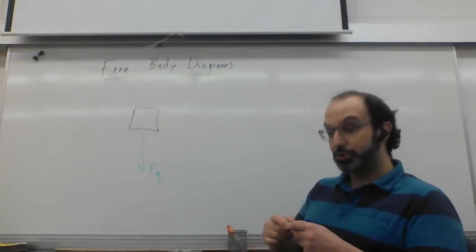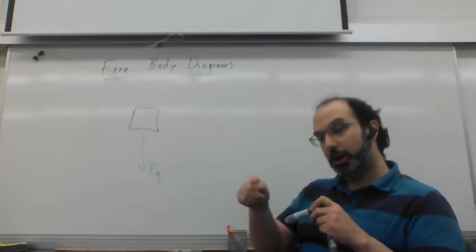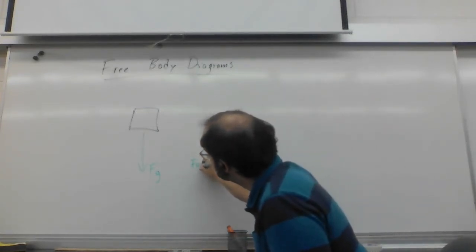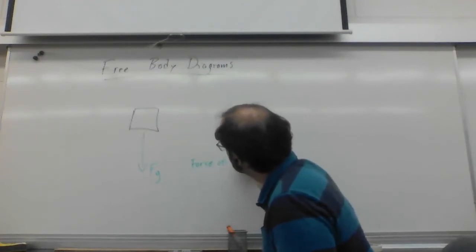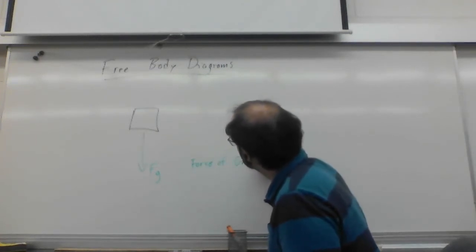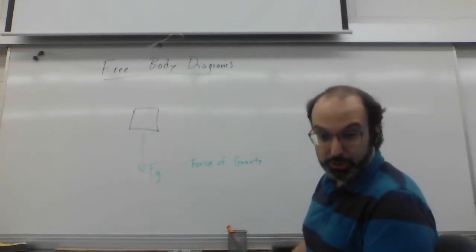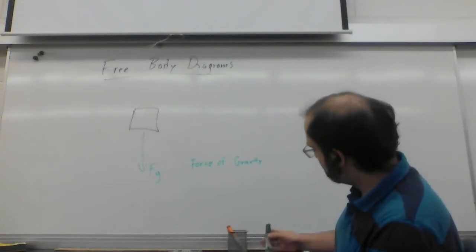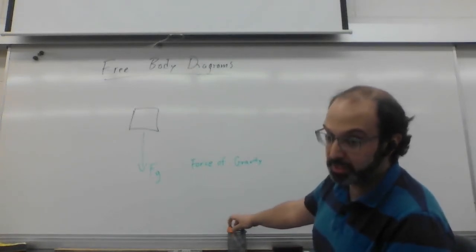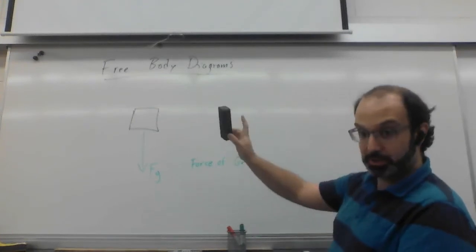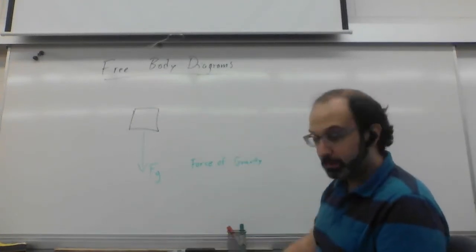Well, Fg is the force of gravity. We also sometimes call it the gravitational force. That's if we don't want an of in there and we want to use bigger words. They really just mean the same thing. It doesn't matter.